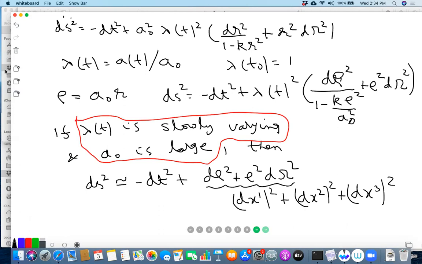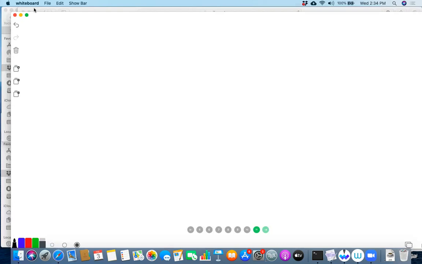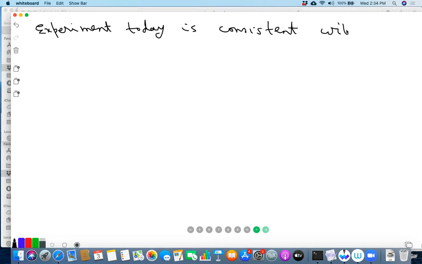But now let's ask, what does the experiment tell us? Experiment today is consistent with a naught equal to infinity, which means that there is no evidence so far that a naught is any different from infinity. It could be larger than whatever experiments have been able to determine.